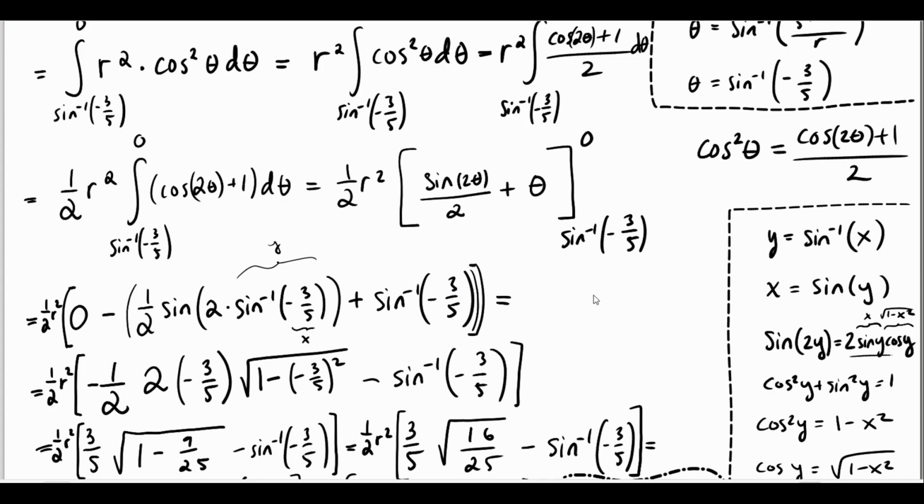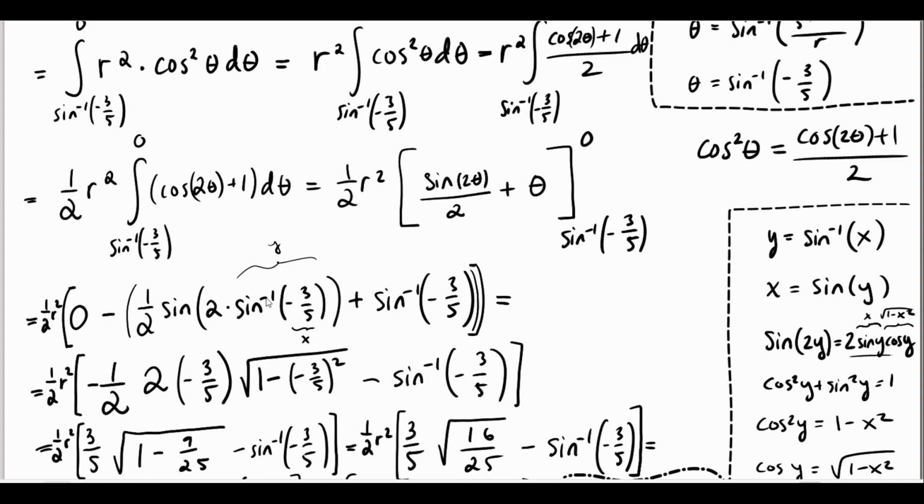Now we have to insert this lower theta value, and then we have 1/2 times, so 1/2 is this thing here, times the sine of 2 times the arc sine of minus 3/5, and then plus the arc sine of minus 3/5.